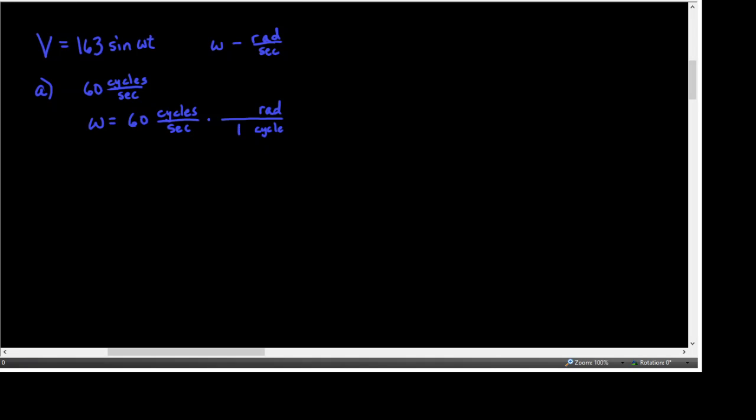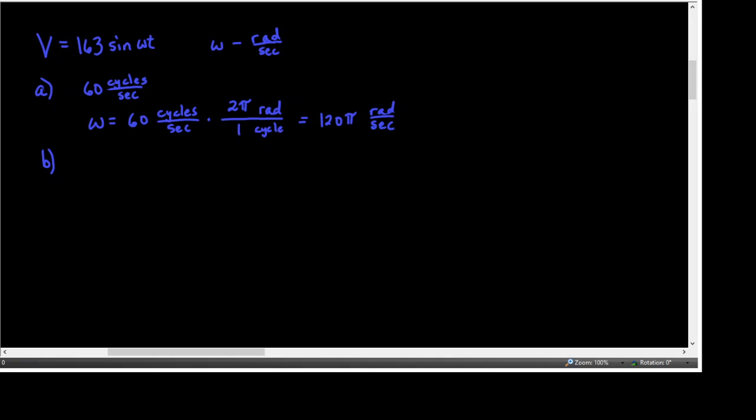Well, one cycle gives you 2 pi radians, one full revolution. And so doing that multiplication, you get 120 pi radians per second. Notice I don't give a decimal for this. I want the exact answer as often as you can get it. That's the preference, unless they had said approximate it, and then you would round.